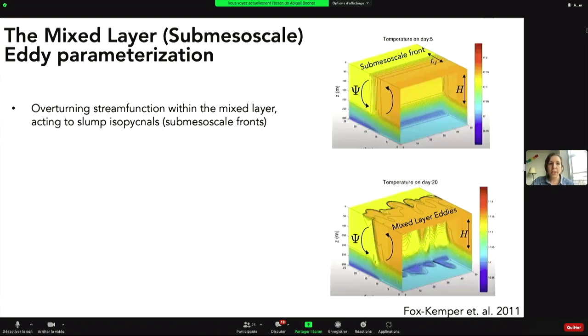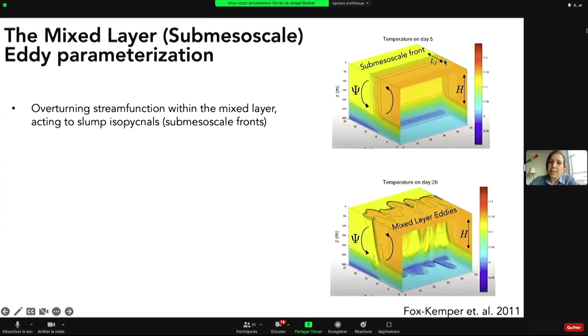So let's talk a little bit about what the mixed layer eddy parameterization or submesoscale eddy parameterization looks like. Fox-Kemper et al., in a series of papers from 2008 to 2011, introduced the submesoscale parameterization. So it's meant to account for instabilities that form along a submesoscale front. As we saw in the picture earlier, we can imagine that this front is an interface between waters of two different densities.